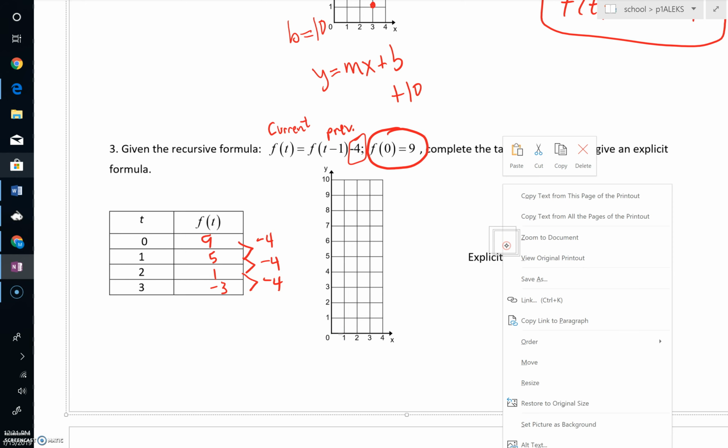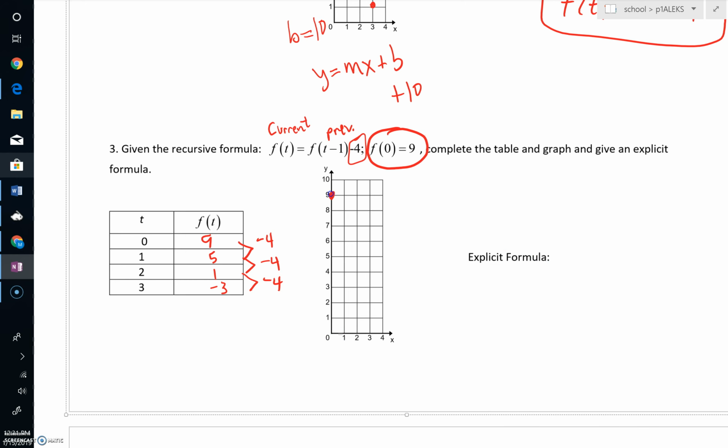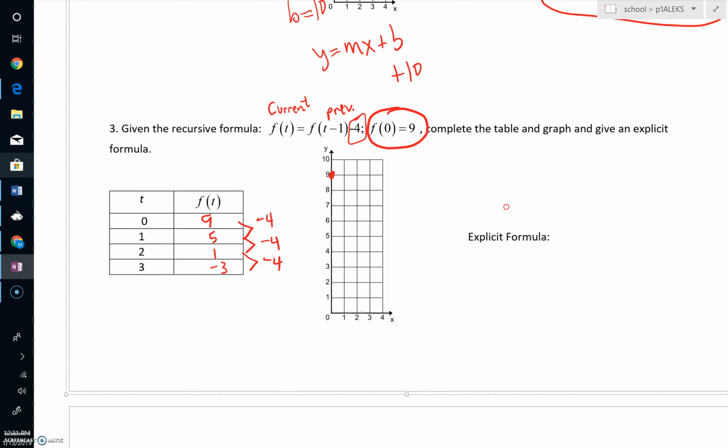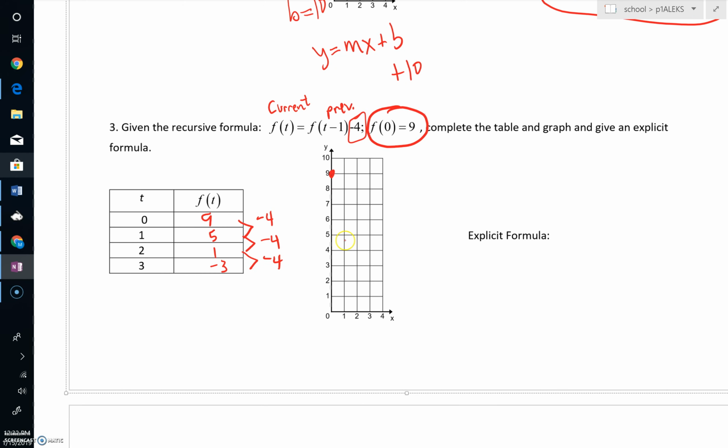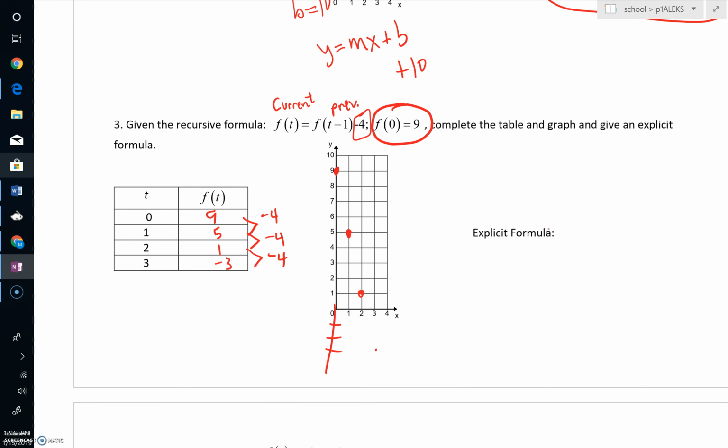So we'll graph it. 0, 9 is going to be up here. 1 comma 5 is going to be right over here. 2 comma 1 is this way. Now, to graph the next part, we're going to have to go down just a smidge and say it's going to be like so. But once again, let's think about our y-intercept.